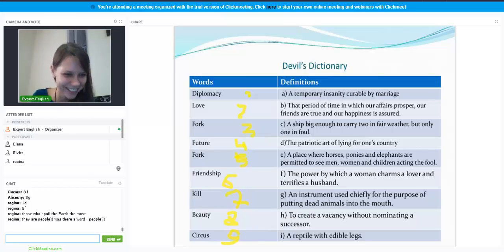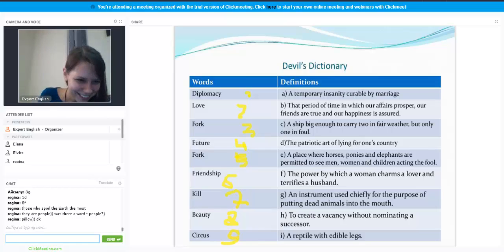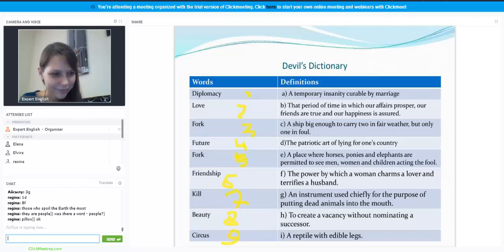Pillow, sorry, not people. Yes, right you are. But I thought you were speaking about birds. So, Zulfiya, Lucy is writing something as well, yes? Let's wait a bit more.